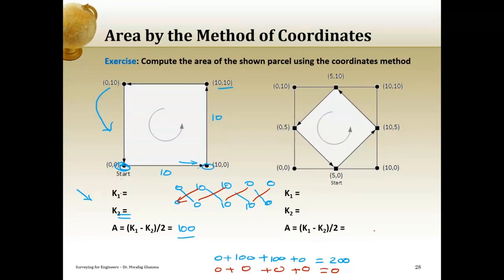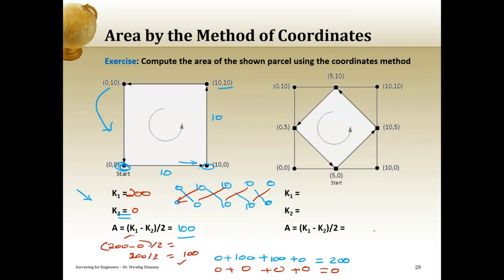So 200 and a 0. So 200 here minus 0 over 2, and this equals 200 over 2, and this equals 100. See how nice it is.